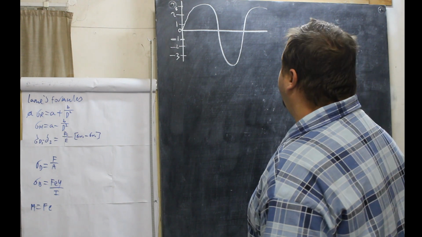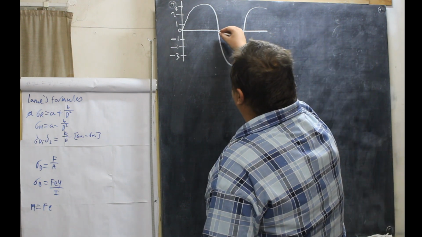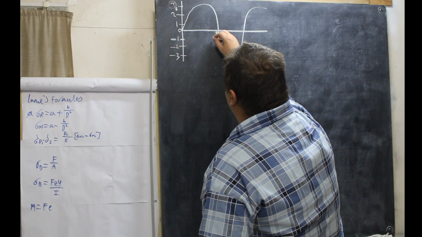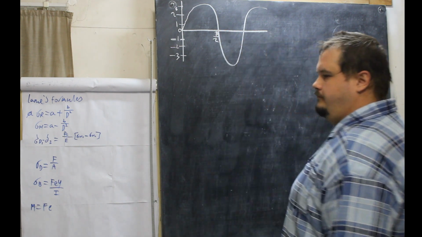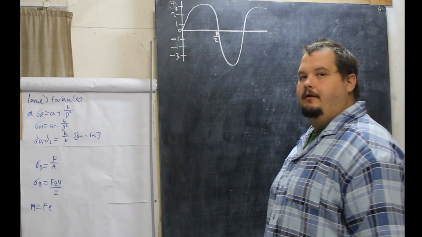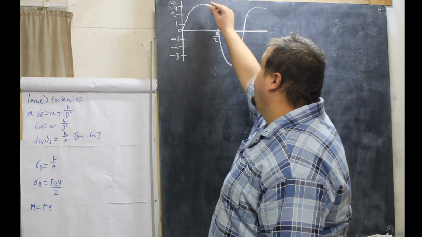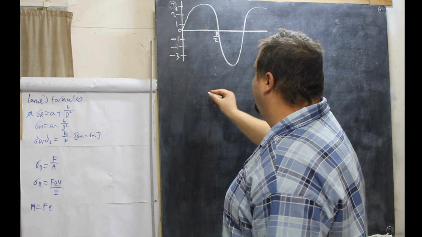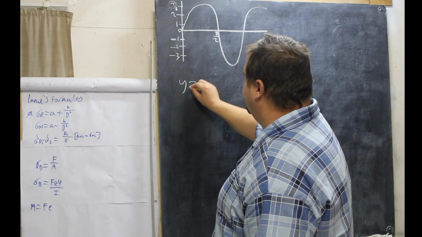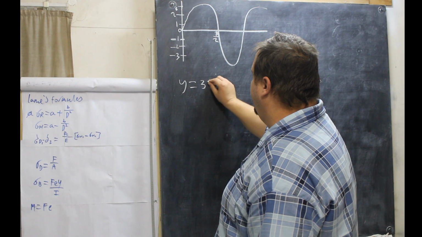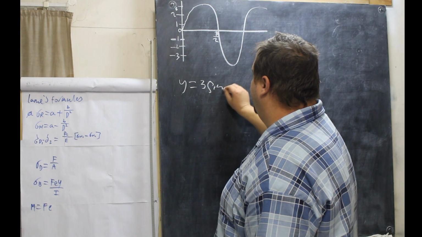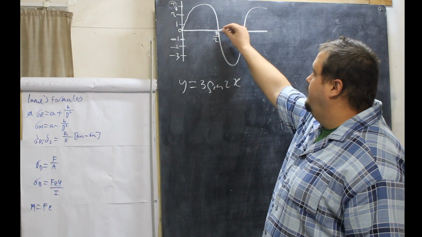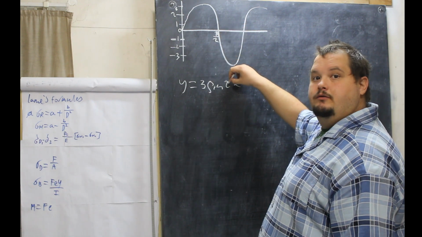Now, we have to realize that over here, at this 0 point, is pi over 2. Normally, pi over 2 would be at the highest point. But in this particular case, because our y is equal to 3 sine 2x, we've got to multiply pi over 2 by 2.